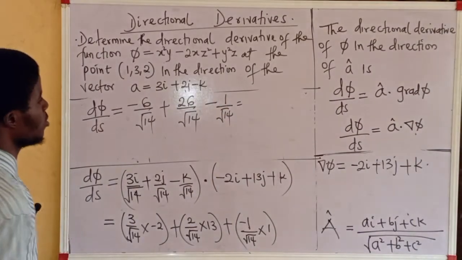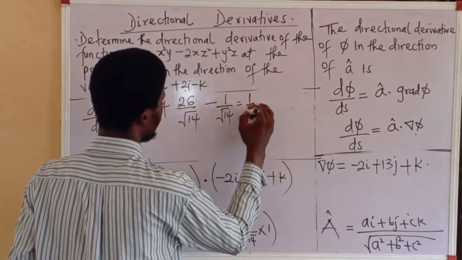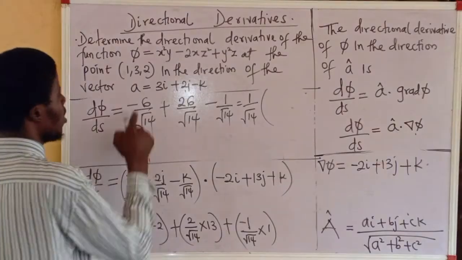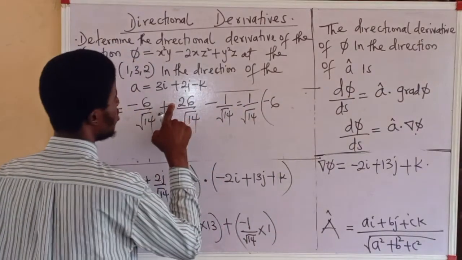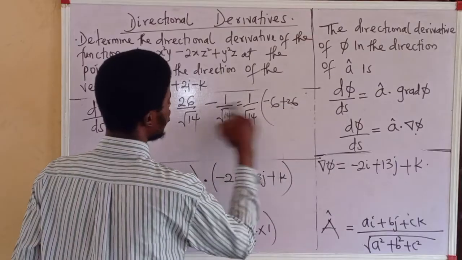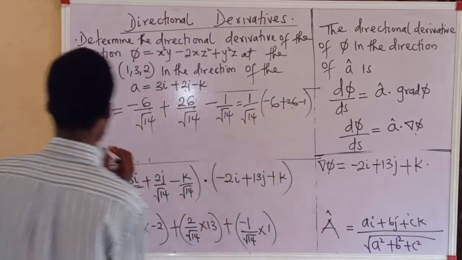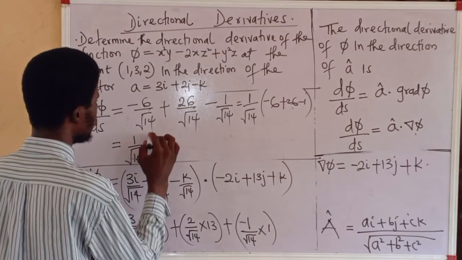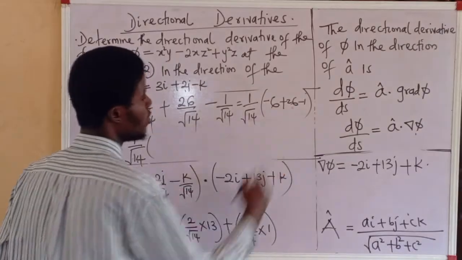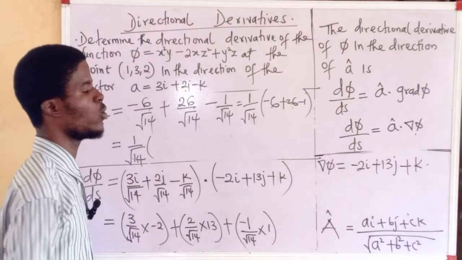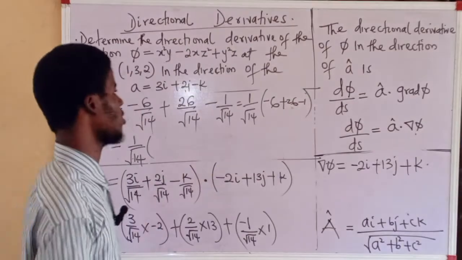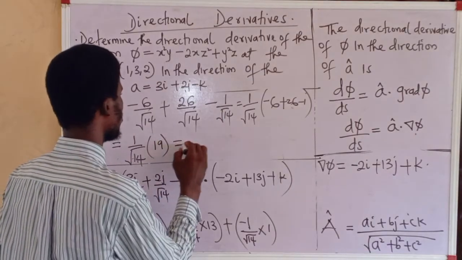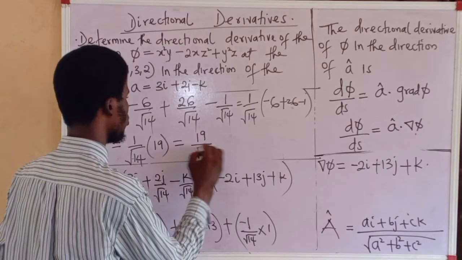Since the denominator is common, just say 1 upon root 14, then evaluate the numerator: minus 6 plus 26 minus 1. So we have 1 upon root 14 times, 26 minus 6 is 20, 20 minus 1 is 19. So this is equal to 19 upon root 14.